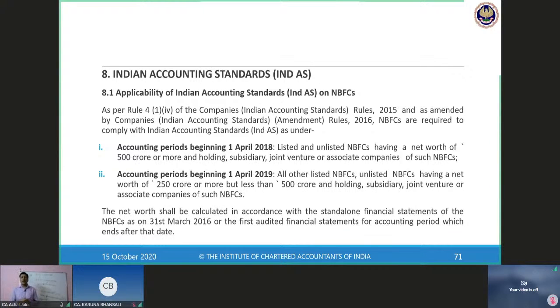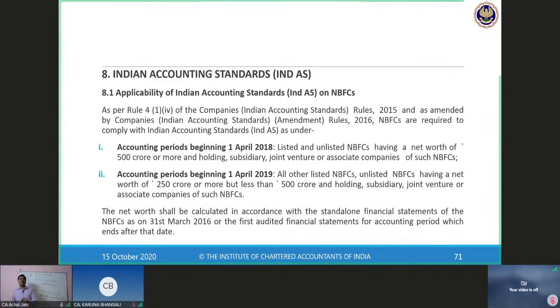Now, on the accounting standards, we can see that currently there are two sets of accounting standards. One is the old set of accounting standards, which is called AS, or the accounting standards. Commonly, Indian GAAP is known by those accounting standards.